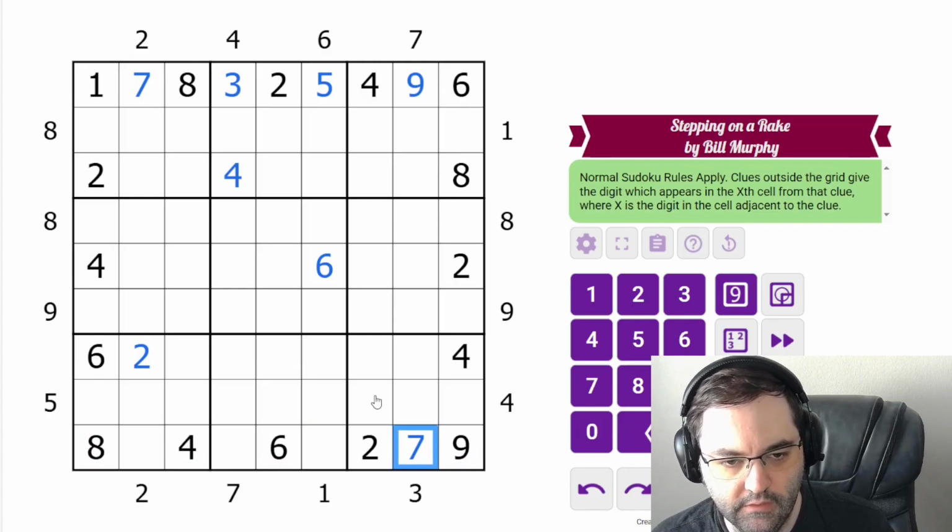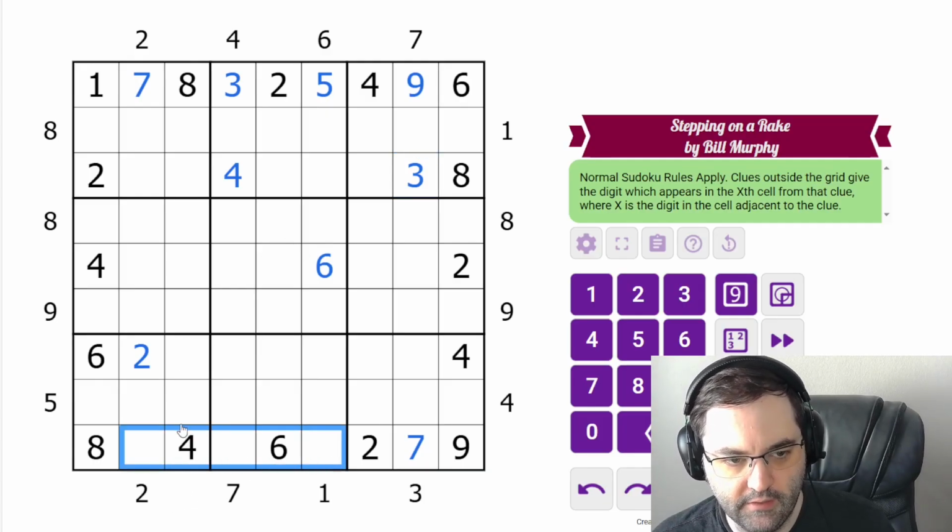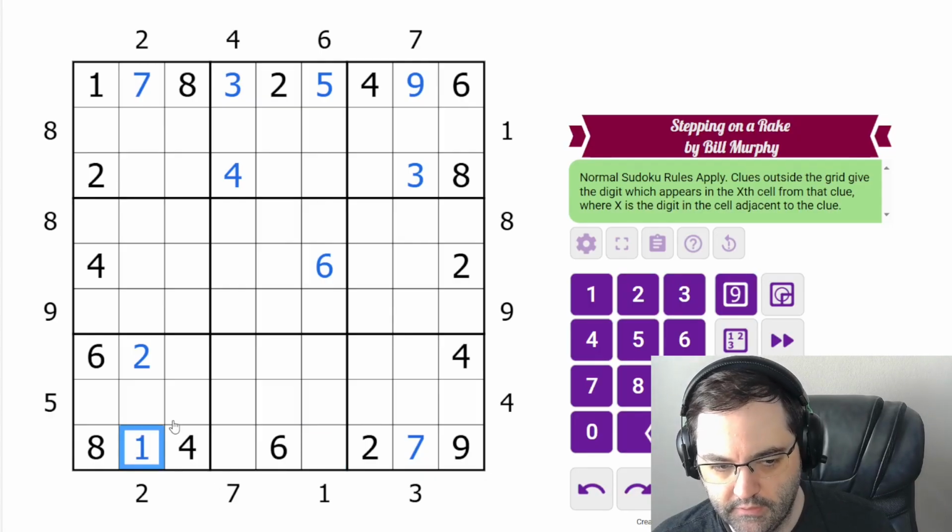We got a 7 in this cell. So we know 3 from this direction is in the 7th cell. And our remaining digits down here are 1, 3, 5. 1 can only go in this cell because this is a 1 clue. If we put a 1 in this cell, that would be saying 2 appears in the 1st cell, but obviously 1 is what appears in the 1st cell.